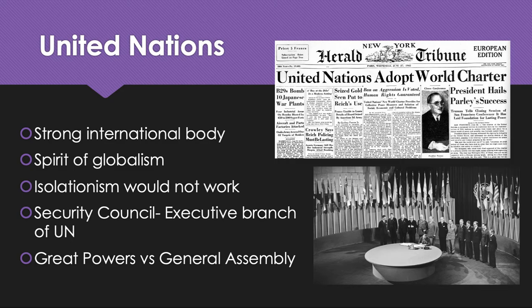At Yalta, Stalin is going to agree to Soviet participation in the United Nations, which will be the international peacekeeping organization that Roosevelt and Churchill had agreed to form all the way back in 1941 as a part of that Atlantic Charter that we talked about in the last lecture.